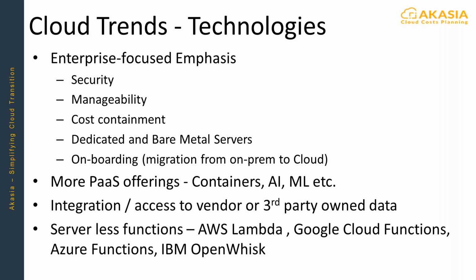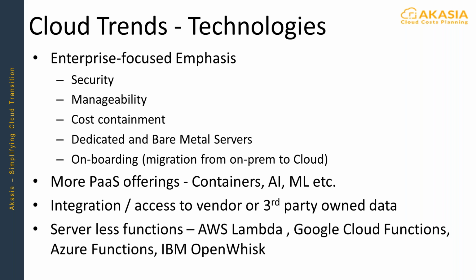As a result, there's a lot of work being done in manageability, security, and obviously cost management is a big part of it. There's also recognition by certain cloud operators that just virtual machines by themselves may not meet the requirements of the enterprise, and so companies like IBM and Oracle are offering a bare metal service, and in turn, Amazon is also offering a dedicated service and so on.